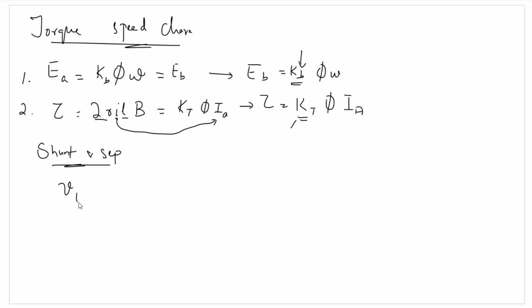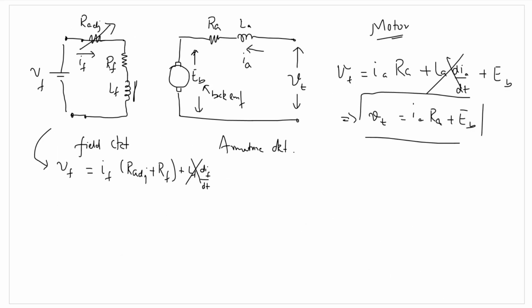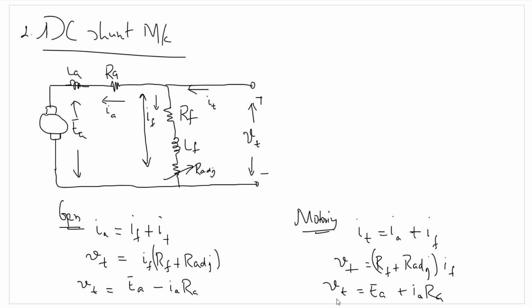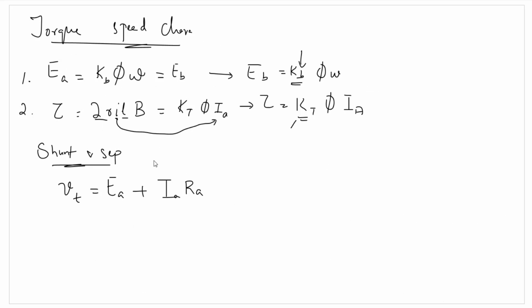We had the equation Vt is equal to Ea plus Ia Ra for a shunt DC motor, and for a shunt DC generator, it's Vt is equal to Ea minus Ia Ra.